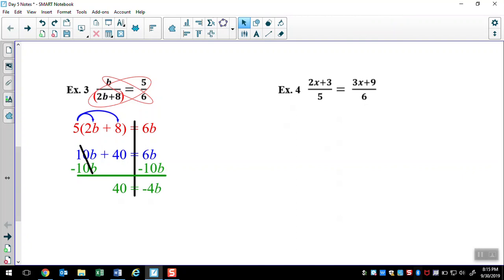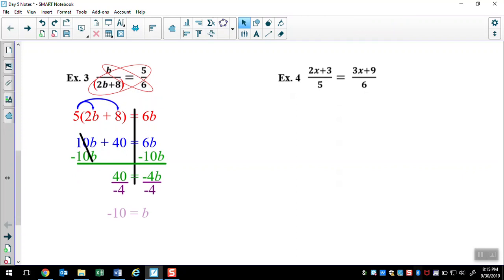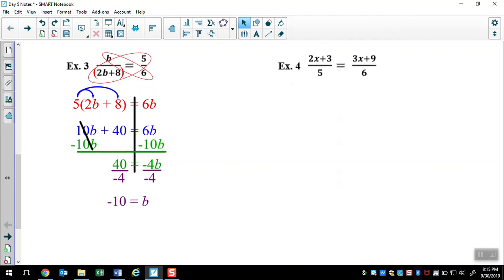My last step then, to isolate the variable, is to divide both sides by negative 4, and we're left with negative 10 equals b. I'm going to use that symmetric property and just flip my answer around. I really like it better when my variable is on the left side.